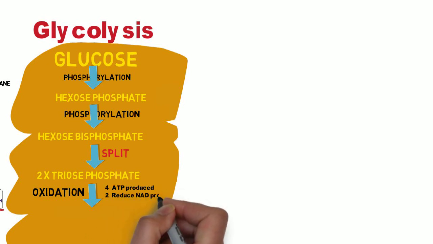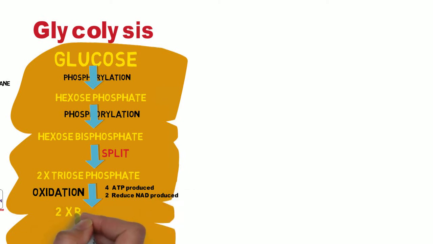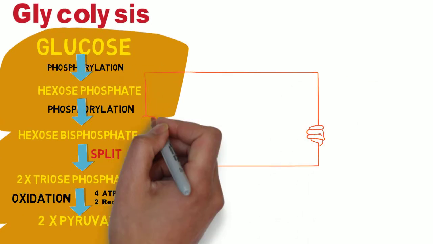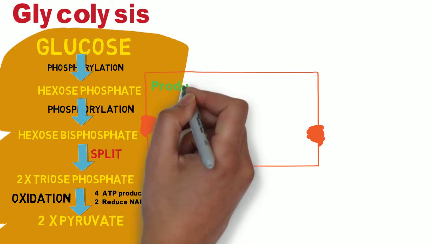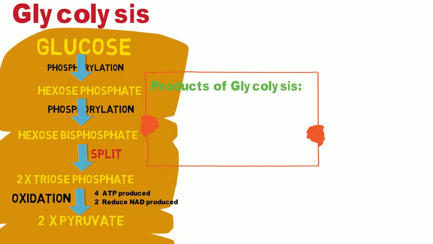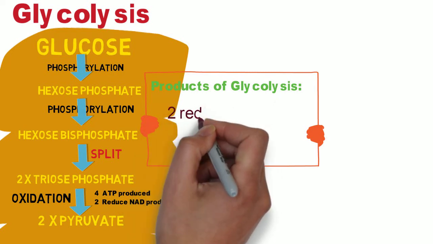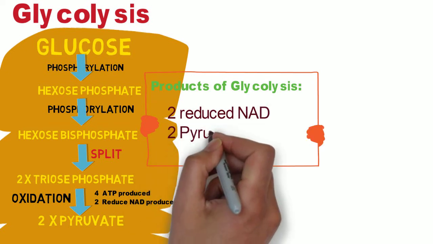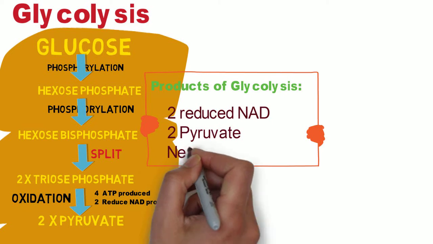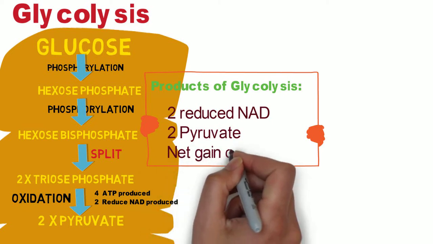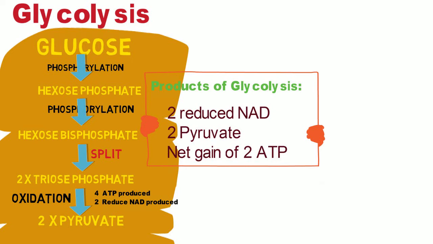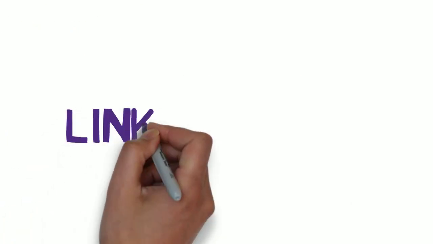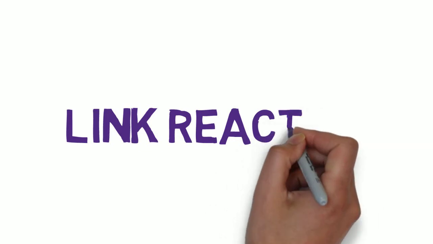The triose phosphate, as a result of oxidation, is now transformed into two pyruvate molecules, each with three carbons. So, the products of glycolysis are two reduced NAD, two pyruvate molecules, and a net gain of two ATP, because four ATP were produced, but two ATP were used up in the earlier reaction.